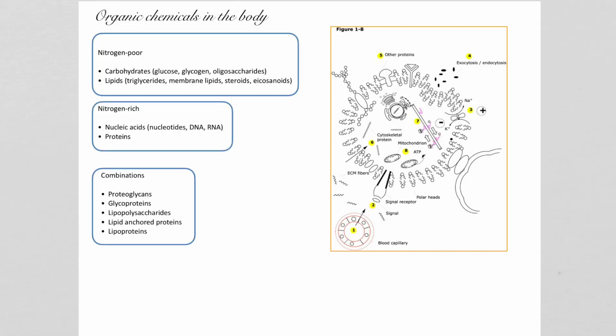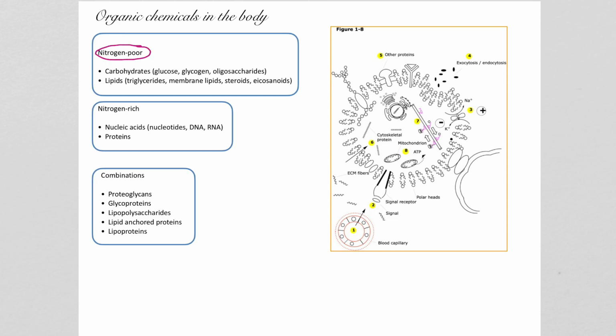So there are many different organic chemicals, so it's good to classify them into different classes. And for metabolism, when we talk about metabolism later, I think this will be a good classification to follow. So we have the nitrogen-poor organic chemicals.